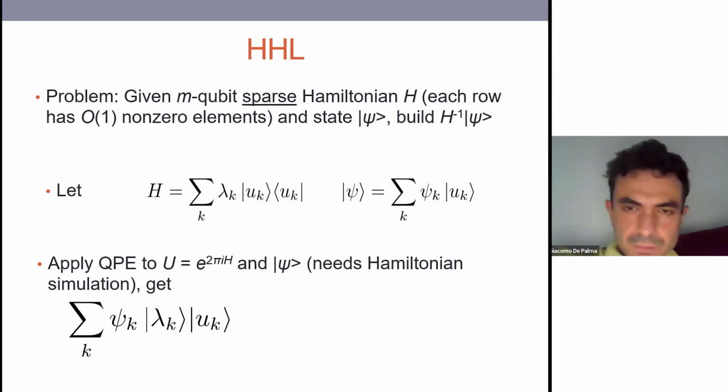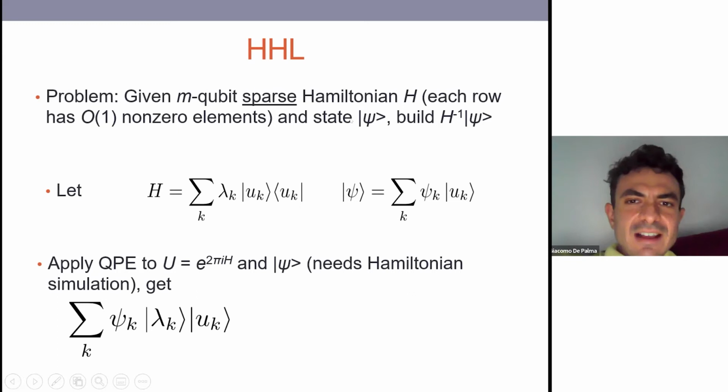A very simple example of a sparse Hamiltonian is the Hamiltonian proportional to the identity, where each row has only a single element which is non-zero. But then probably most of the Hamiltonians which are relevant, which represent actual physical models, are sparse.